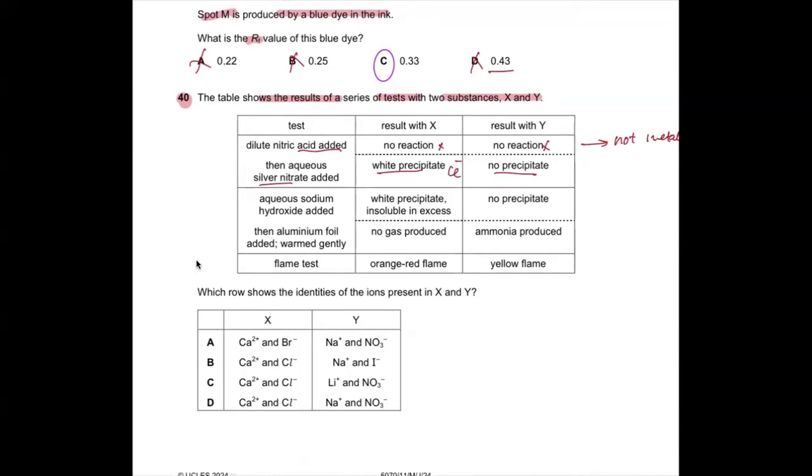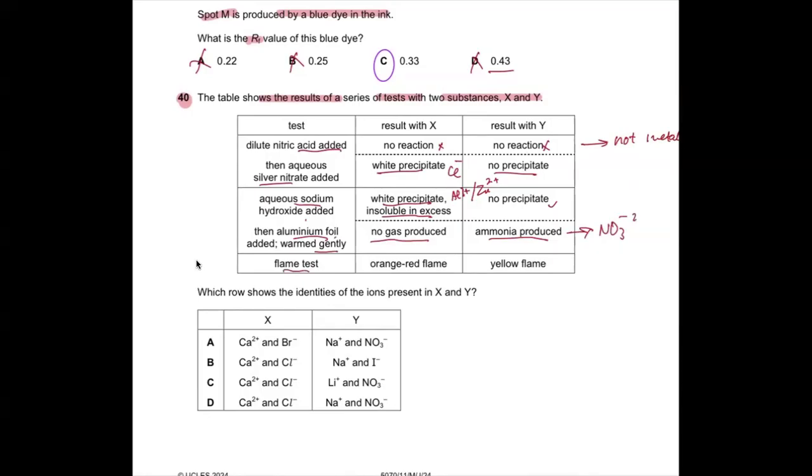Okay. Aqueous sodium hydroxide, white precipitate insoluble in excess. So it can be aluminium or zinc. No precipitate, no gas produced. Ammonia is produced with aluminium foil and warm sodium hydroxide, so it means it's a nitrate over here.